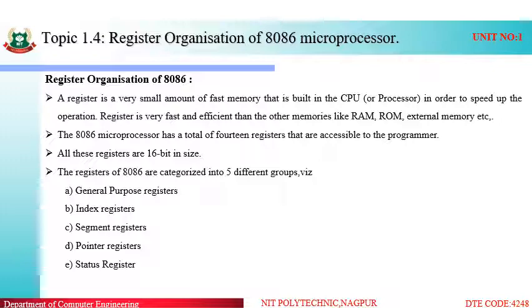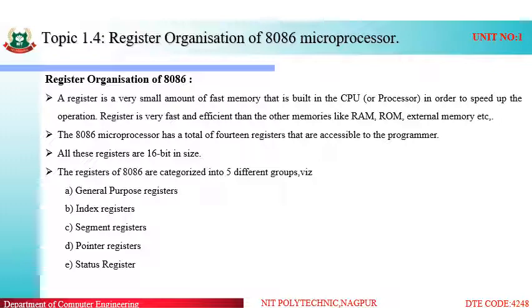Next type is index registers. These are used for indexing, in string manipulation operations, that is the SI and DI registers. Then there are segment registers. Segment registers are used to provide the base address to the processor.